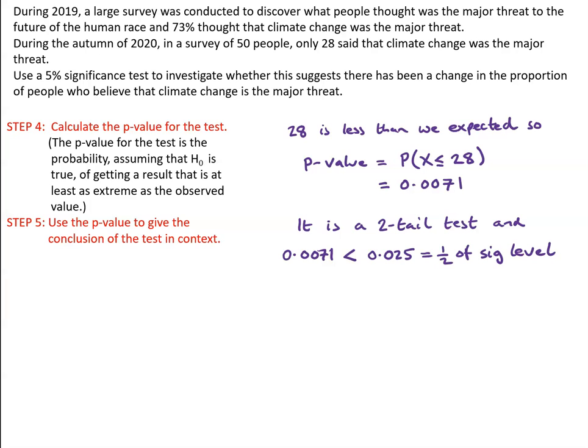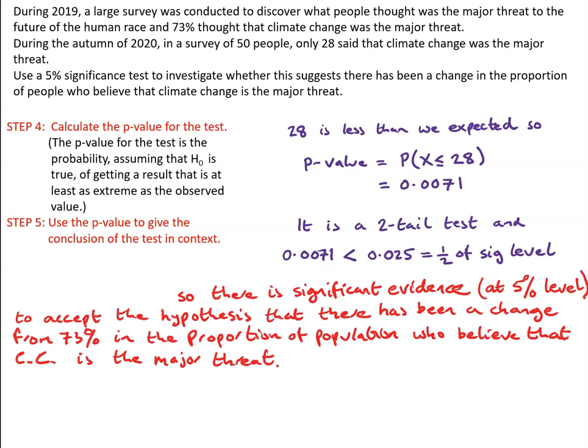Remember, if it's a two-tail test, we have to look at how the p-value compares to half of the significance level. So there is significant evidence at the 5% level to accept the hypothesis that there has been a change from 73% in the proportion of the population who believe that climate change is the major threat.